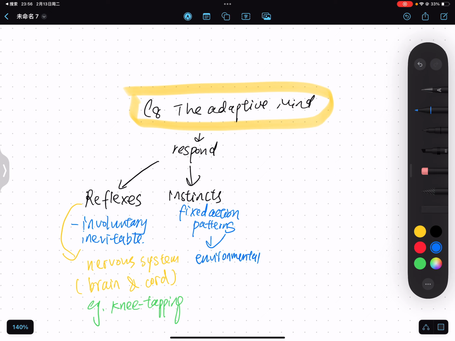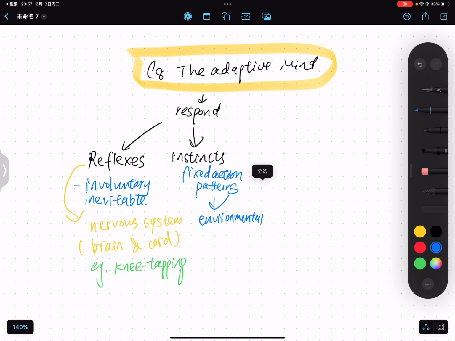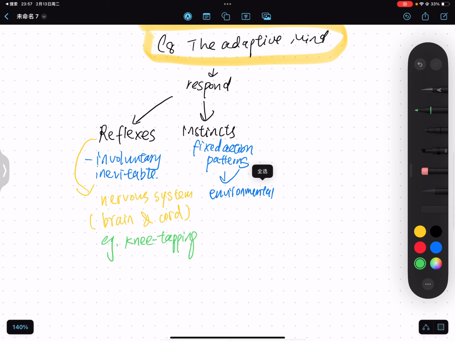For example, a peacock displaying its magnificent tail is one of the instincts, and also the most common one is yawning. When people yawn, it's difficult to stop, and it is one of the instincts.